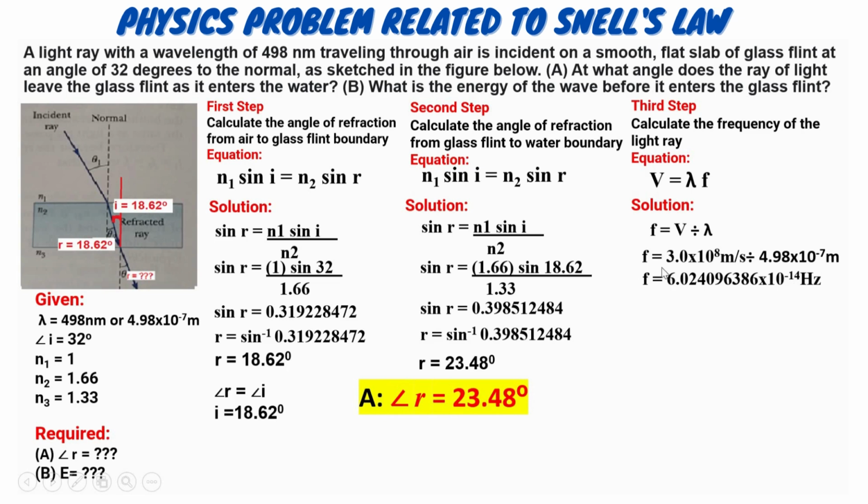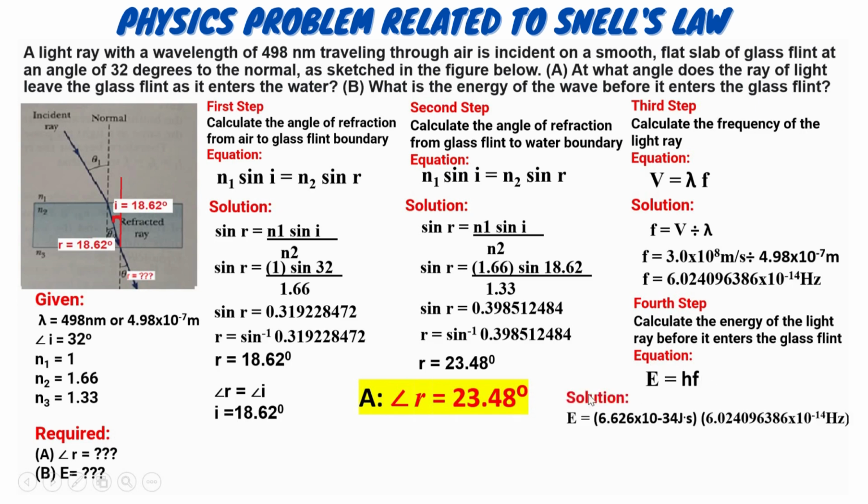Now that we know the frequency of the light ray, we can proceed to our fourth and last step, which is to calculate the energy of the light ray before it enters the glass plane, which means we can use the equation of E is equal to hf, where h is the Planck constant that is equivalent to 6.626 times 10 raised to negative 34 joule seconds.